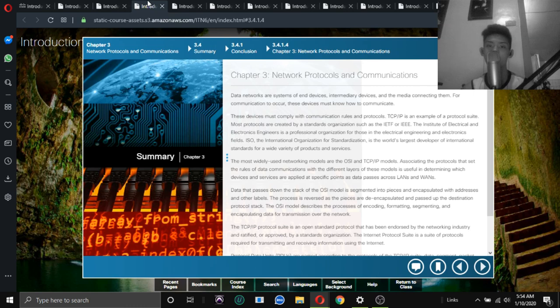Next one is network protocols and communications. The most widely used networking models are the OSI and the TCP/IP models.